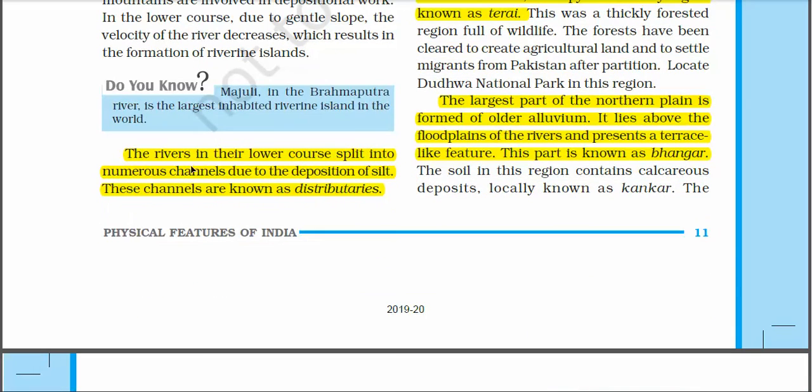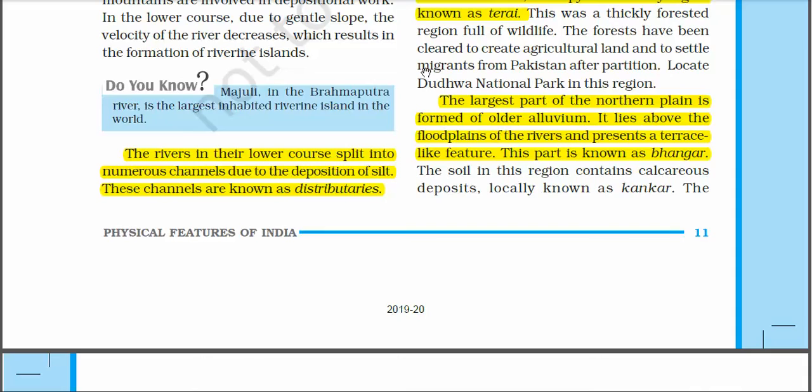The rivers in their lower course split into numerous channels due to the deposition of silt. These channels are known as distributaries.